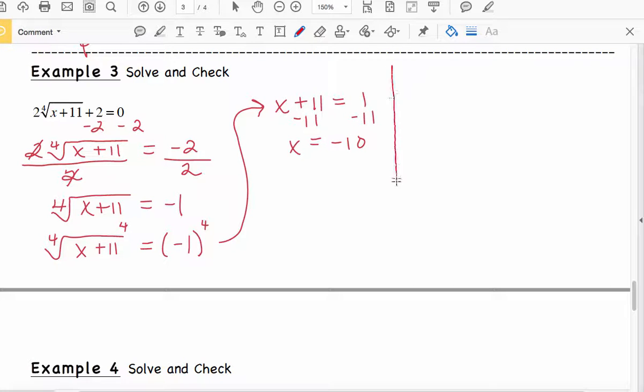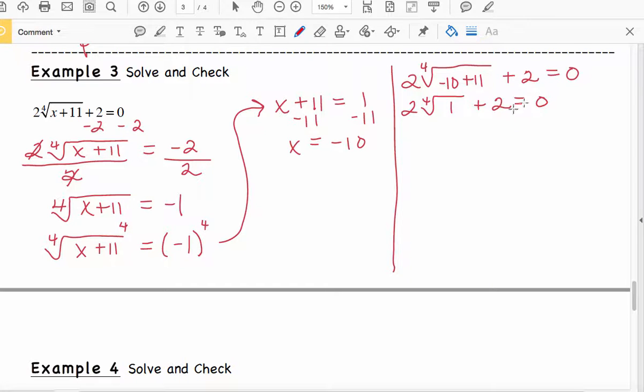And let's go ahead and check our answer. We have 2 times the fourth root of negative 10 plus 11, and then plus 2 equals 0. And then we get the fourth root of positive 1 plus 2 equals 0. And the fourth root of 1 is just 1.